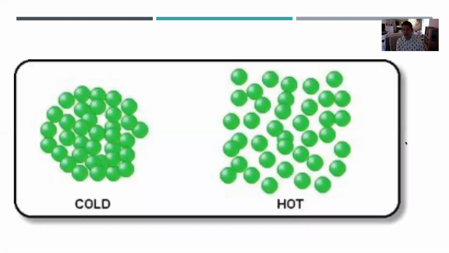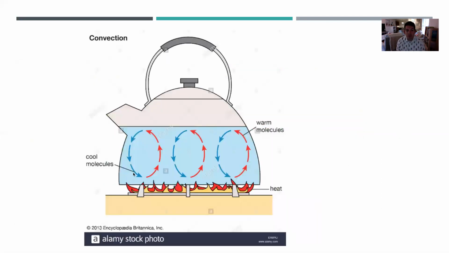All right, now a liquid, a little more spread out. So when we have a hot liquid, it's able to expand a little bit more. And when we heat a liquid, you should be familiar with this. If you ever put something on the stove, a pot of boiling water, when we heat a liquid, now the particles are able to move very easily. So we start to get these currents. If we're heating a pot of water, the heat is at the bottom.